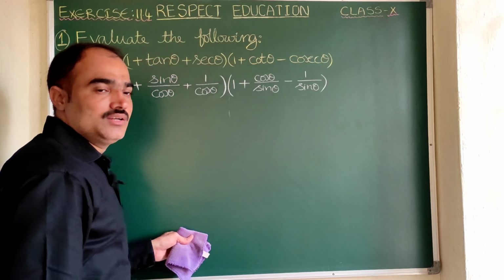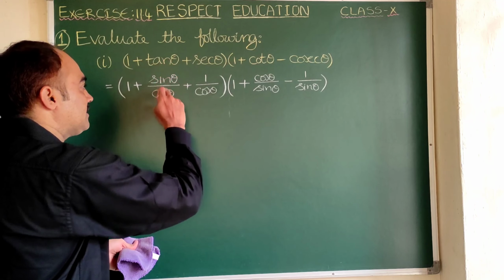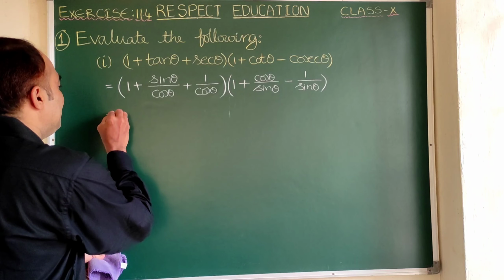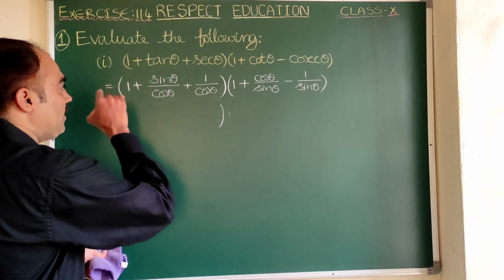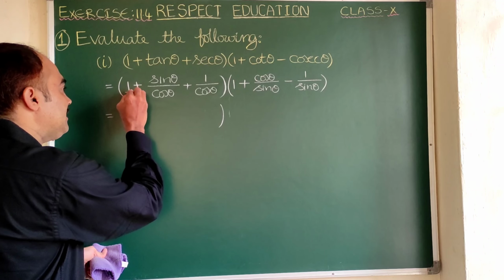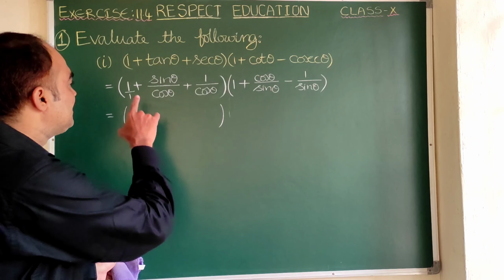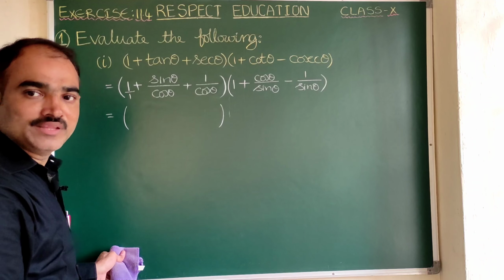Clear? So here we have used the formulas in place of tan theta, sin theta by cos theta, similarly for the remaining. Now here we can take LCM. Here 1 by nothing means we can add 1 by 1. What is the LCM for 1, cos theta and cos theta? Cos theta.